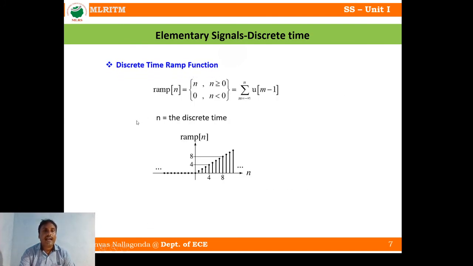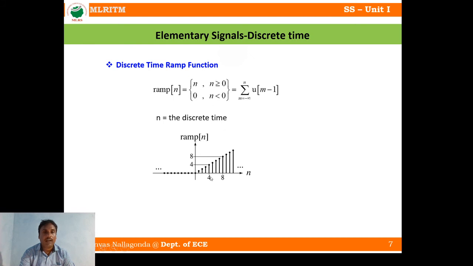Now the ramp signal in discrete time format. Ramp of n is equal to n when n is greater than or equal to 0, and ramp of n is equal to 0 when n is less than 0. In the graphical representation, for n greater than or equal to 0, the amplitude is n.